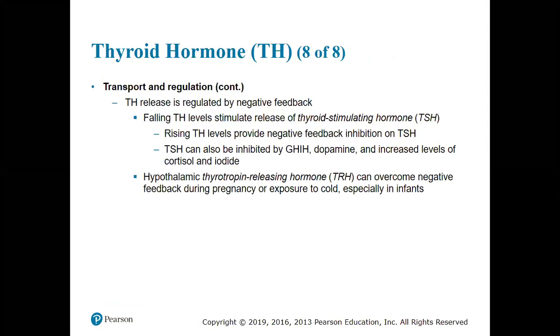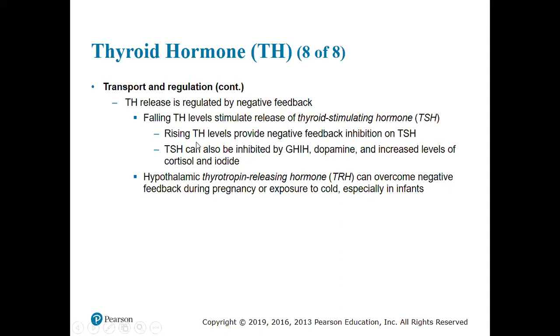Now, in terms of homeostasis, the thyroid hormone is released and regulated by negative feedback. So decreasing levels of thyroid hormone is going to then have some sort of positive feedback that's then going to cause thyroid stimulating hormone, this right here, this TSH.